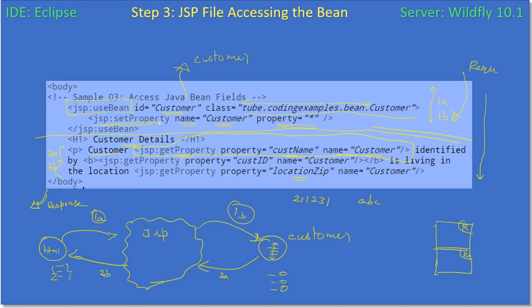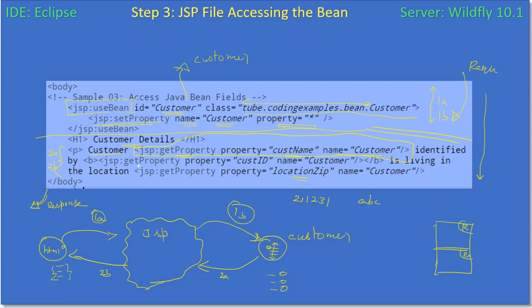So the data will be read from the form field and it automatically performs the pushing. That means from form field we will read data by mapping the form field name with the property name, and we will push it through JSP using this setProperty star.